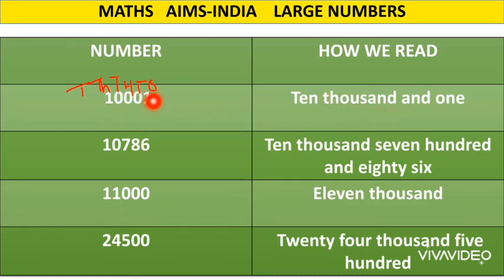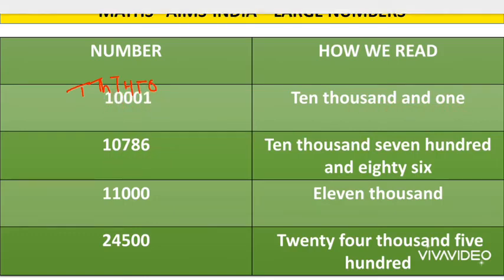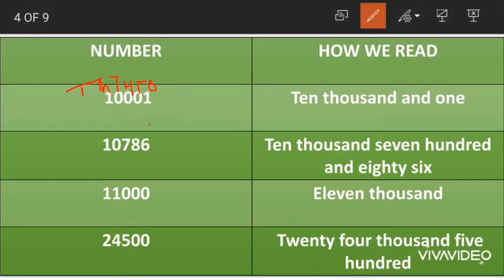And then we have 1 at 1's place whose place value becomes 1. So we read this number as 10,001. Okay children, 10,001.